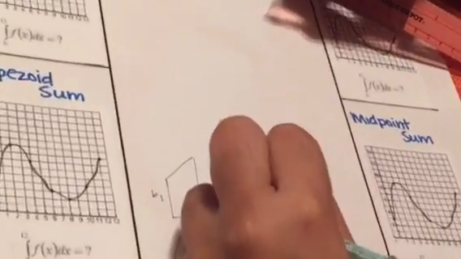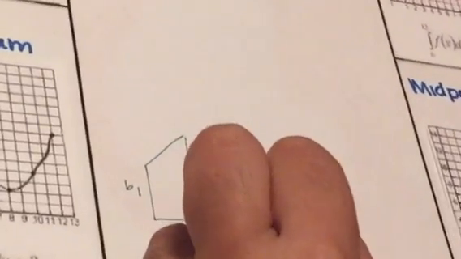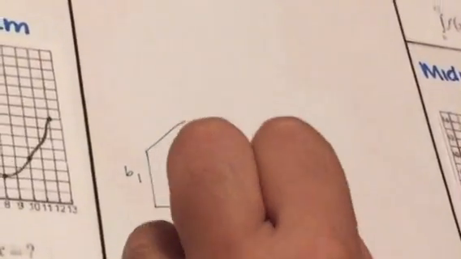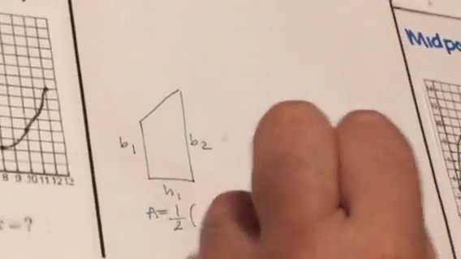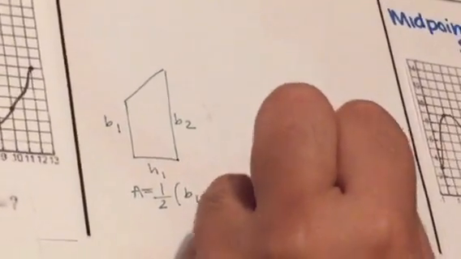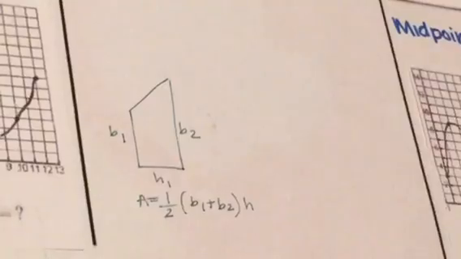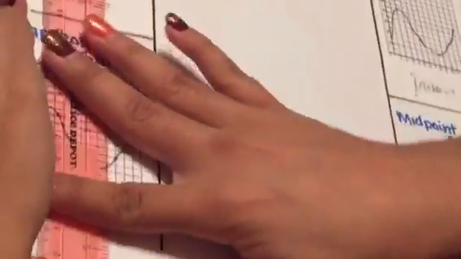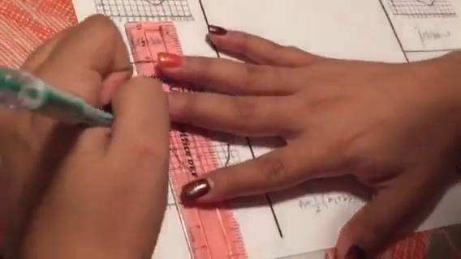This will be our base 1, this will be our base 2, and this will be our height. If you remember, the area of a trapezoid is 1/2 times base 1 plus base 2, times its height. So we draw in our trapezoids.